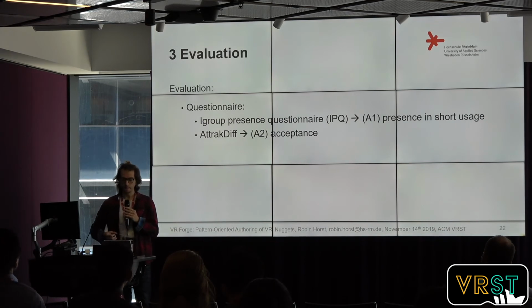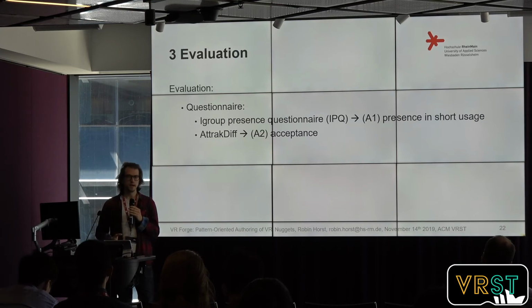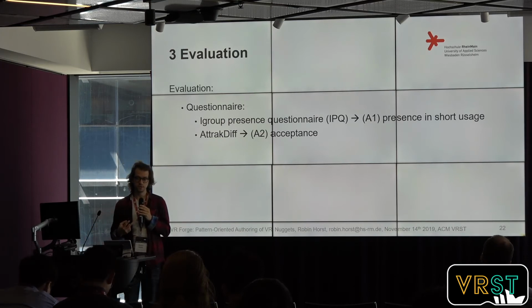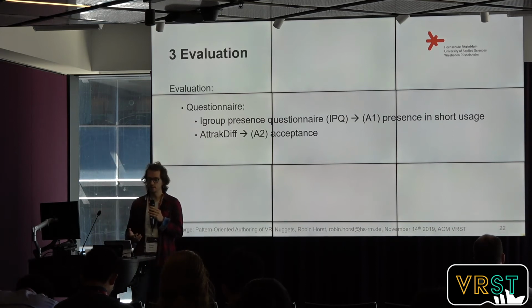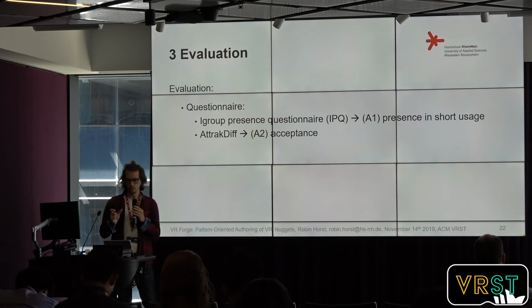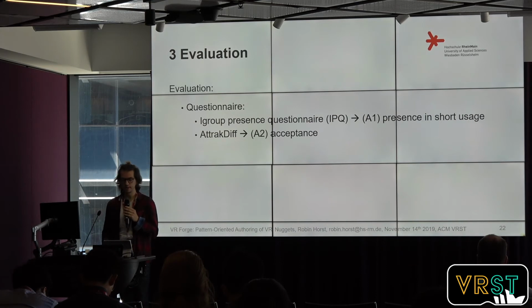After this task phase, the participants were asked to fill out a questionnaire that incorporated items of 2 standardized questionnaires and further items specifically about the VR nuggets. To make statements about the presence concerning a very short usage, we used the established IGroup Presence Questionnaire.